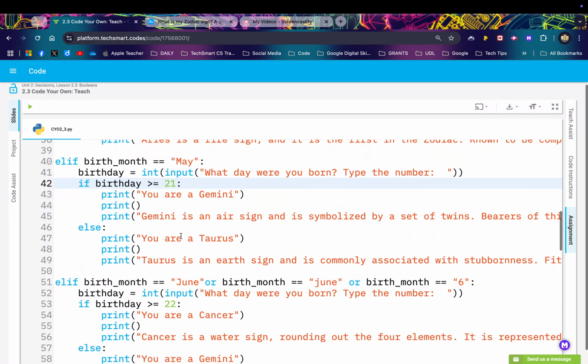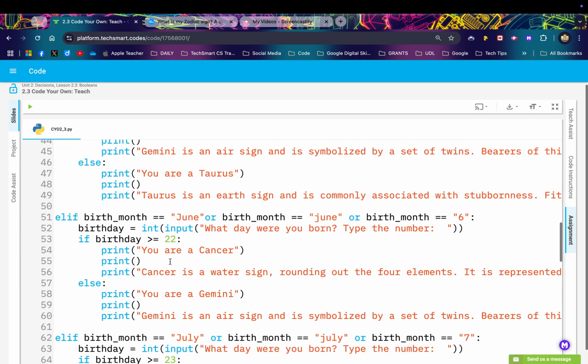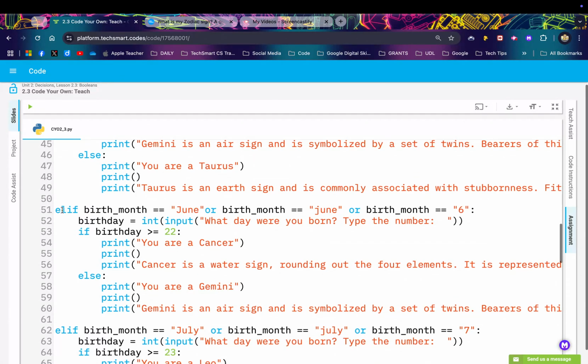And if you were born May 1st to the 20th, you're a Taurus. And then I'll give that information. And then we've got our next elif birth month, which is June. And notice I'd already modified that. Or birth month, lowercase June, or birth month equals 6. And then there's our birthday question again.